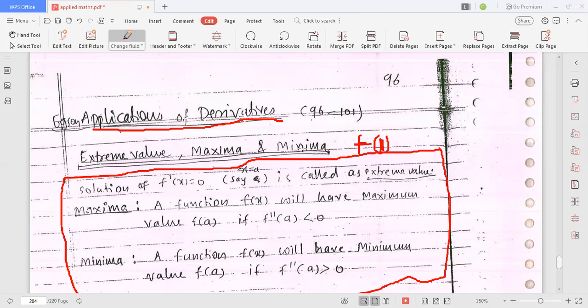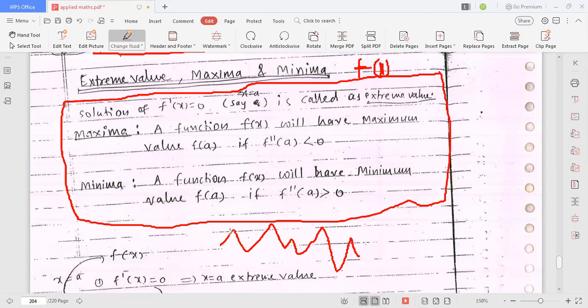So if a given function, you have already studied in function chapter, we denote function by f of x. So suppose a function is f of x, then for every function there is a specific graph. Suppose a particular function which we are considering now has a graph like this, which I have shown here.